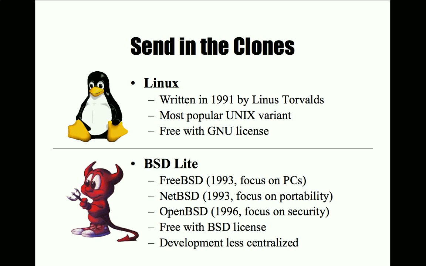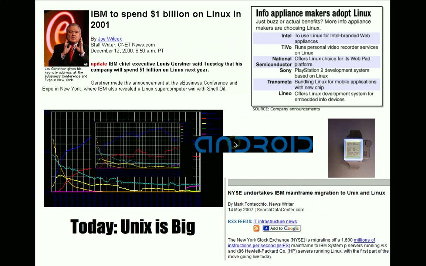And BSD and BSD Lite from Berkeley also evolved, and one of the major users of BSD is Apple with their Mac operating system, and we'll touch on that as well.